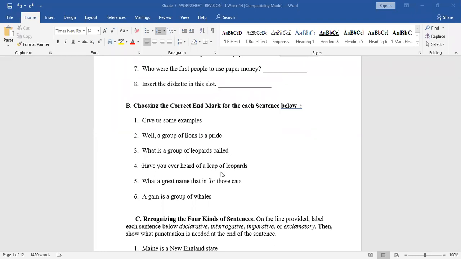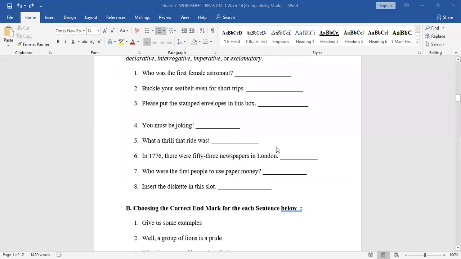Mahdi, have you ever heard of a leap of leopards? Question mark. That's good. What a great name that is for those cats. Exclamatory? No, period? Declarative or imperative? Interrogative, question mark? Guys, he's right, it's an expression of admiration: what a great name that is for those cats. Yeah, you are right, Amr.